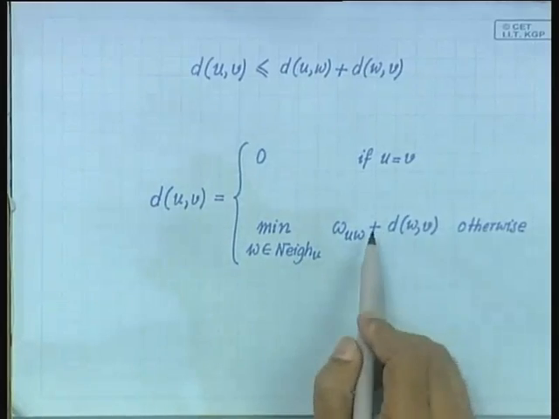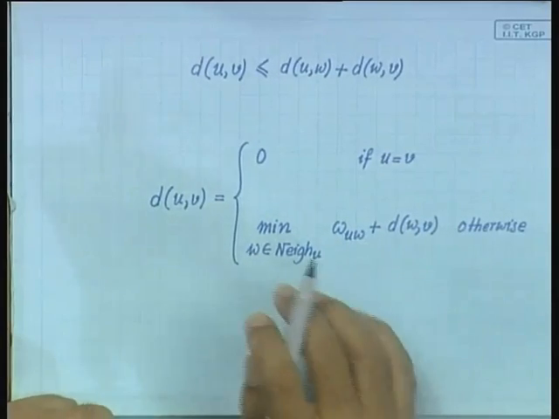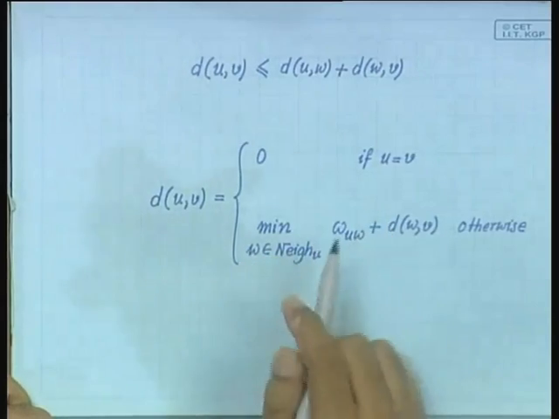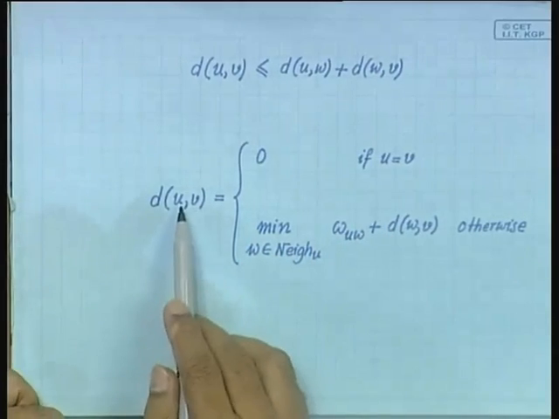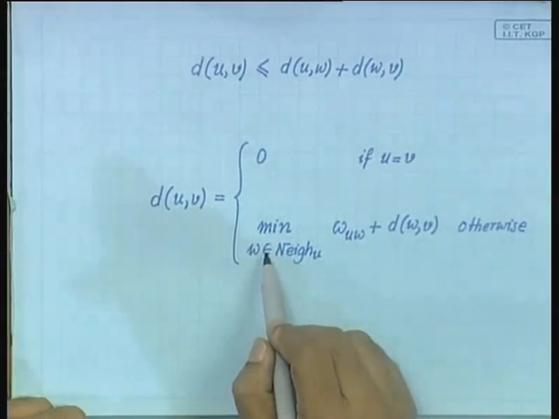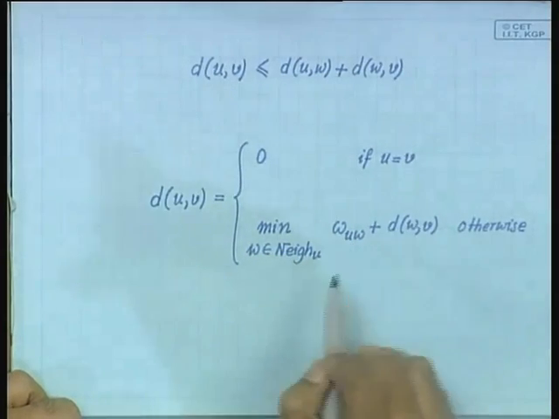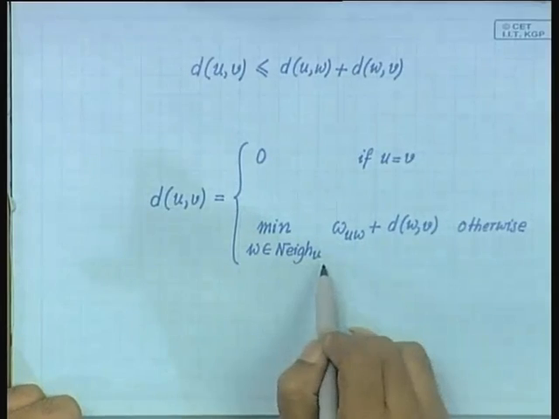Now, what we are saying here is that this is another dynamic programming formulation of the term d_uv. It is the minimum of these quantities over the w's which are the neighbors of u.